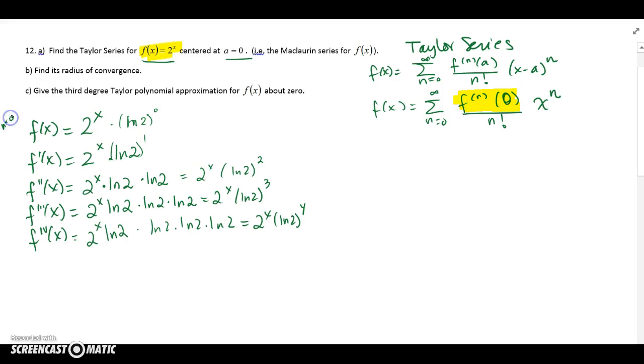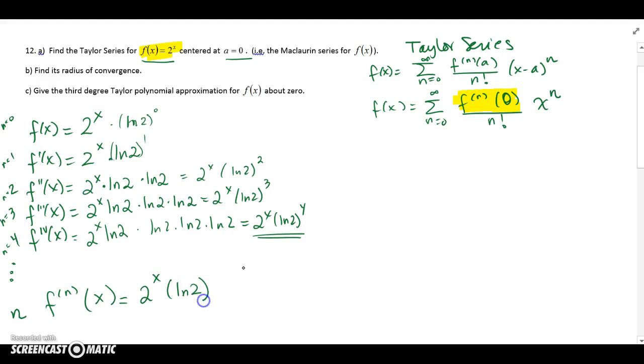So at the 0th step I was there, first derivative n is 1, second derivative n is 2, third derivative n is 3, fourth derivative n is 4, and even without plugging in anything, I can see the pattern: when I get to the nth derivative, it is just going to be this 2 to the x that keeps appearing times ln of 2, but stacking up n of them.